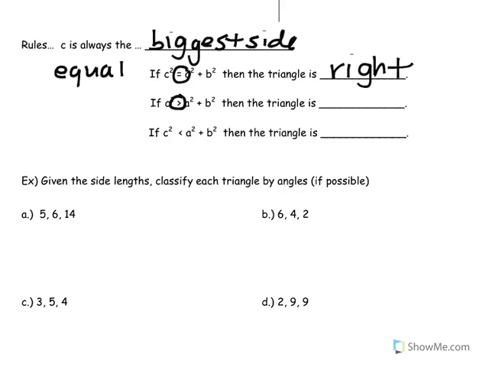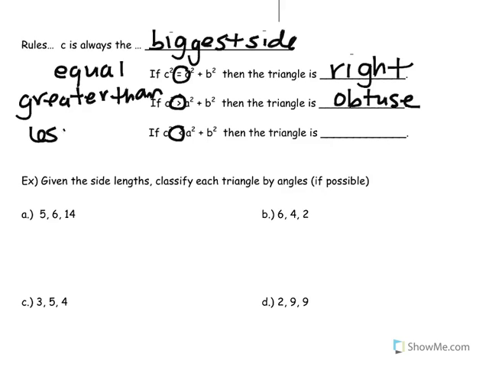If c squared is greater than a squared plus b squared, then we know the triangle is going to be obtuse, just like 6, 8, and 11. And then last but not least, if c squared is less than a squared plus b squared, then we know the triangle is acute, just like 6, 8, and 9.